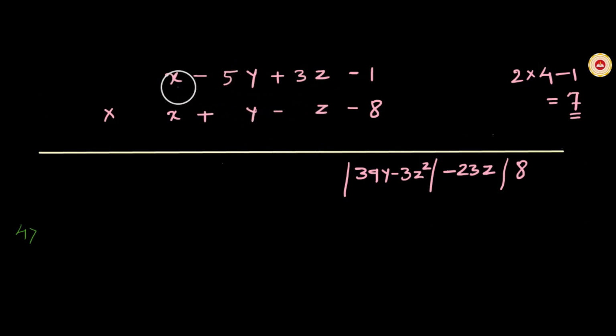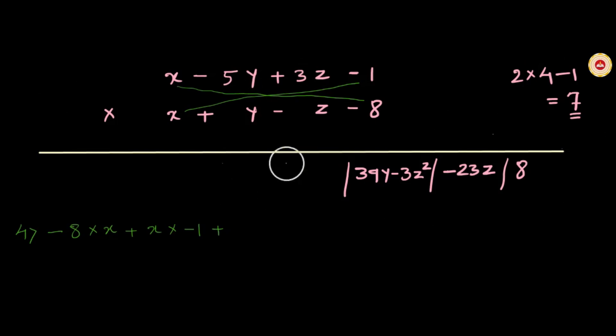So let us multiply the terms in outer columns crosswise, right? Minus 8 multiplied by x, plus x multiplied by minus 1, plus now the two inner columns. See, let me change color. Got it?